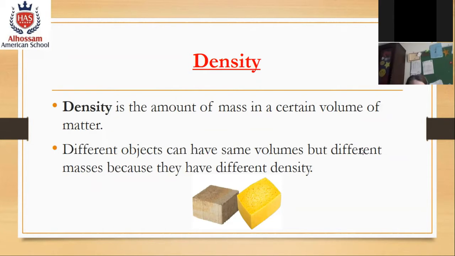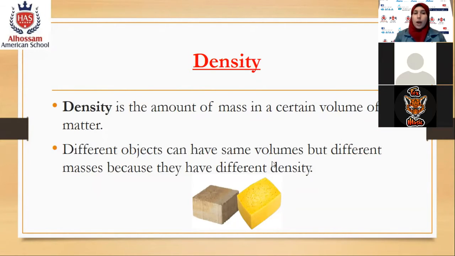No, of course not. That depends on what? On the density. You understand? Yes. Perfect. Thank you so much, Muhammad. So that's why some objects can have the same volume but different masses. It's because of the difference in density.